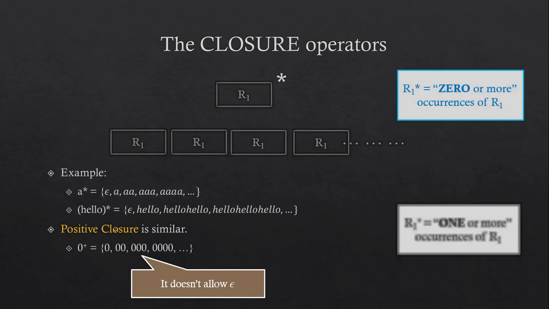Epsilon might occur in a positive closure if the symbol itself is epsilon. So if I take epsilon 1 time, I'll still get epsilon. If I take the empty string 30,000 times, I'll still get epsilon. So epsilon might occur in a positive closure only when the actual expression or symbol is epsilon itself.